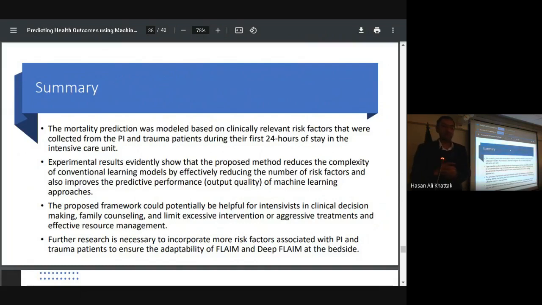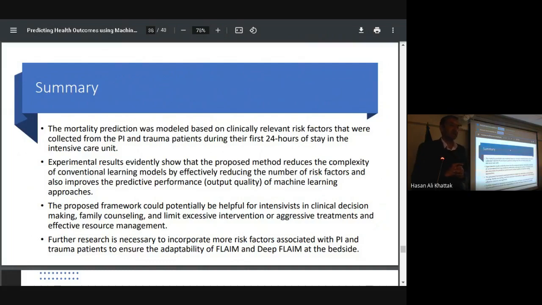Further, we believe that further research is necessary if we want to incorporate more risk factors associated with PI and trauma patients, to ensure the adaptability of FLAME and D-FLAME. The part we are mainly working on is explainability.